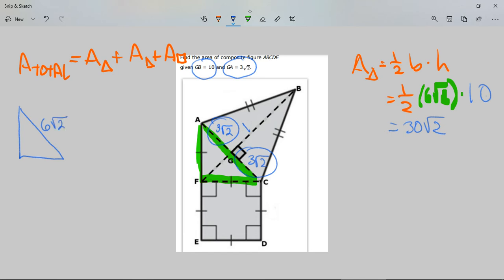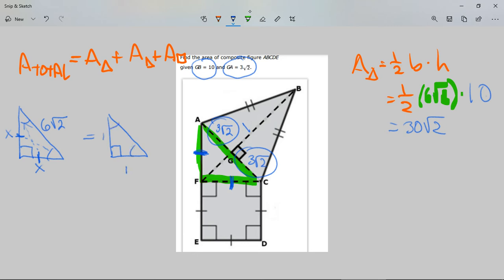So here's the thing. They say that this side and this side are exactly equal to each other, which means the angles opposite are exactly equal to each other, which means that it is a 45, 45, 90 triangle. So this side, we can call them X and X, we're going to just compare it to our baseline 45, 45, 90 triangle.